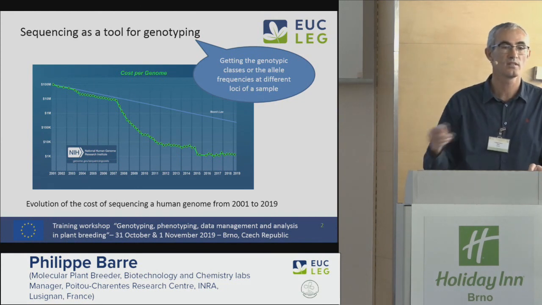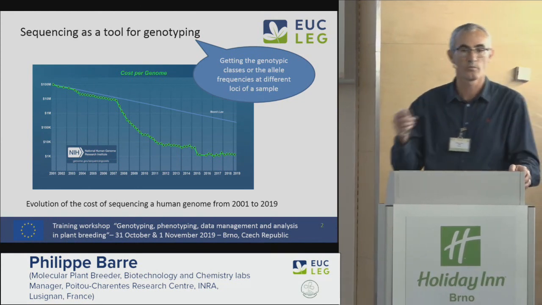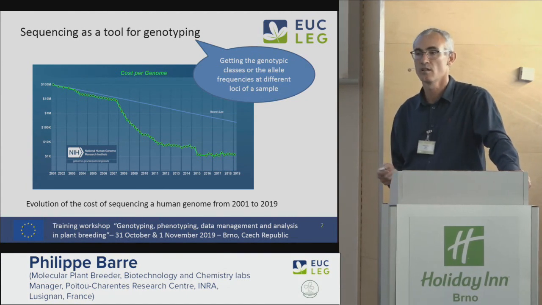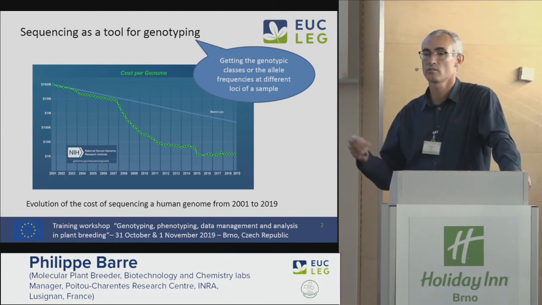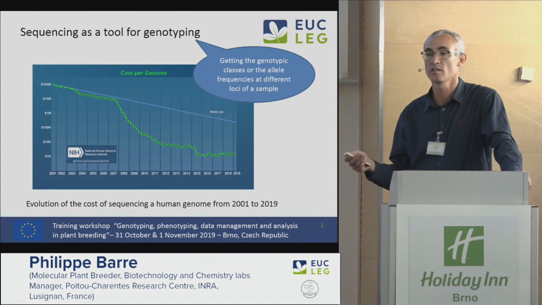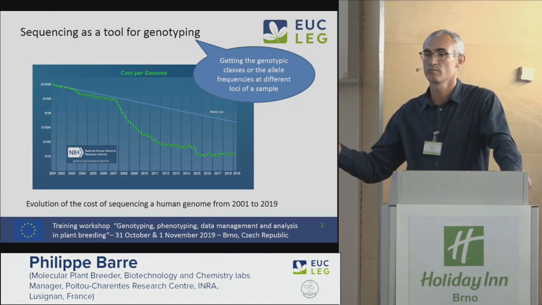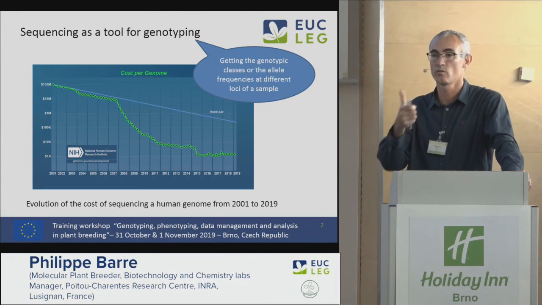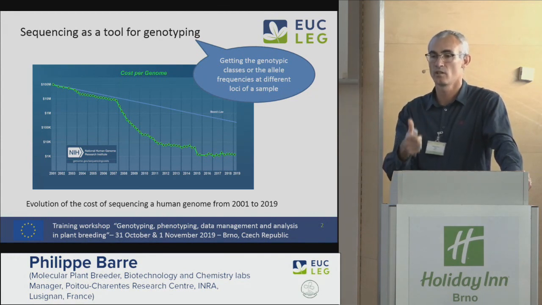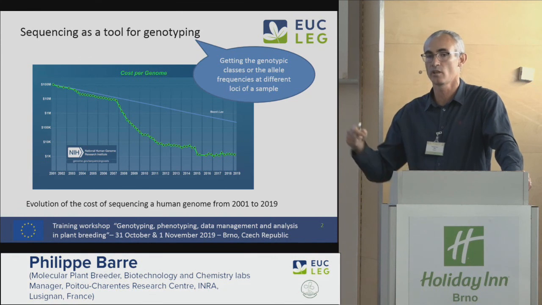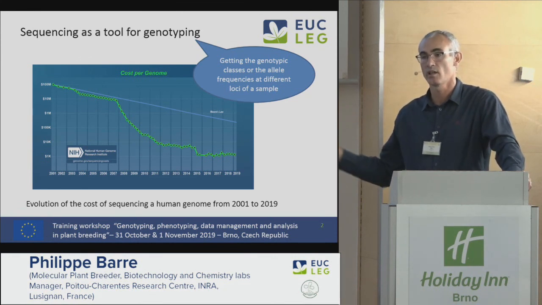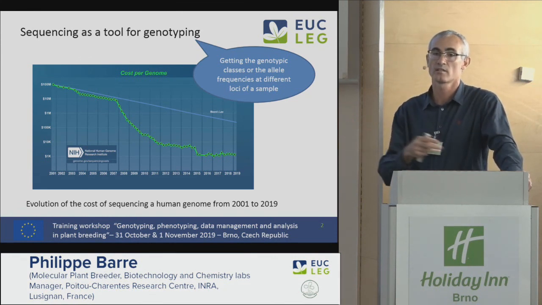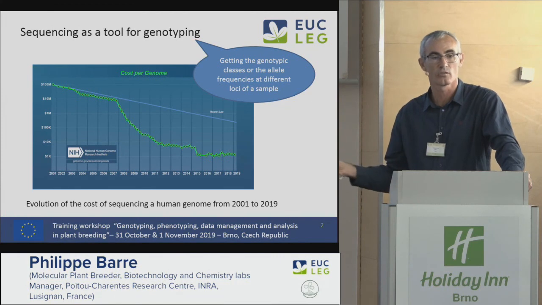This dramatic drop of the price means we can use sequencing to genotype the different samples. Before, you had one human and you did the sequencing on this one and genotyped the others. Now the idea is to get access to 100 humans and to sequence all of them, and you get their genotype.